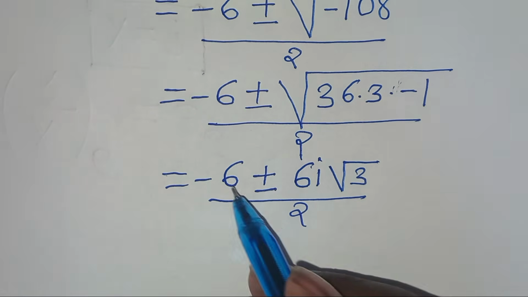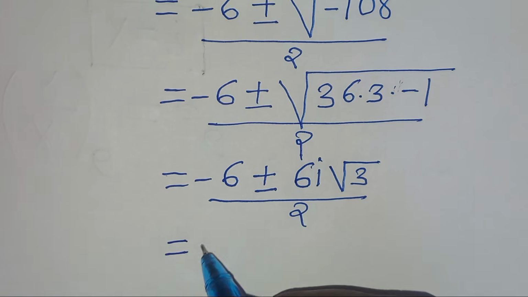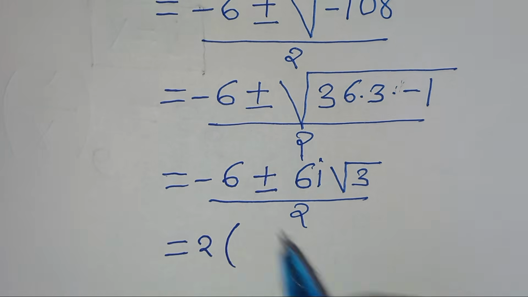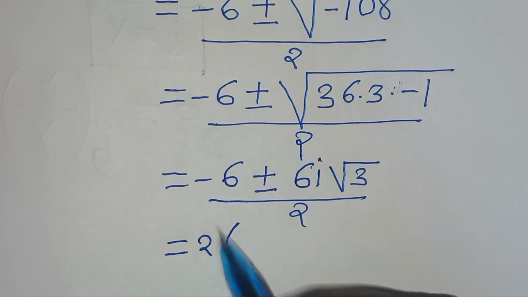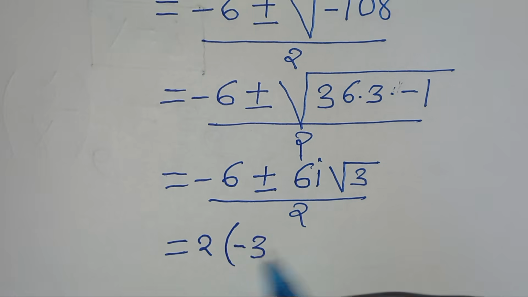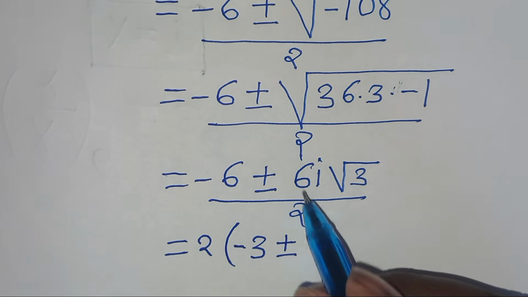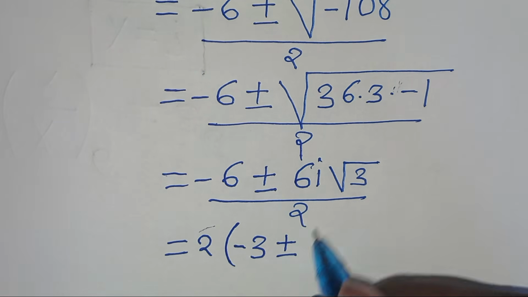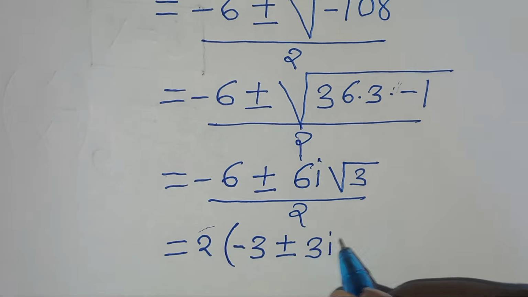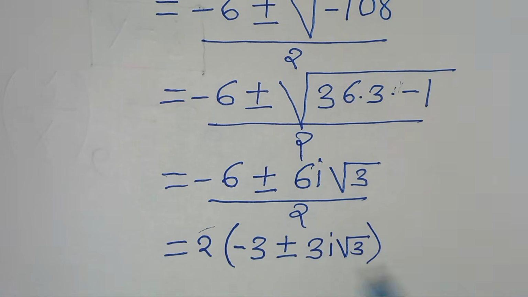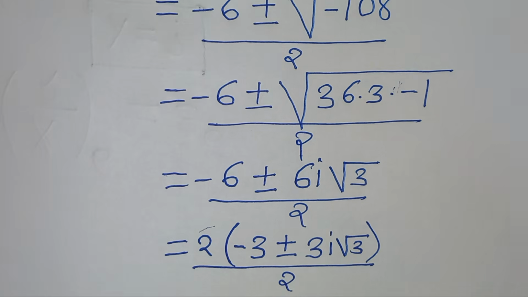So the next step is that in the numerator here, we have that 2 is common. So let's factor out 2, so that minus 6 divided by 2 is negative 3, plus or minus 6i square root of 3 divided by 2, which is 3i square root of 3 divided by 2.